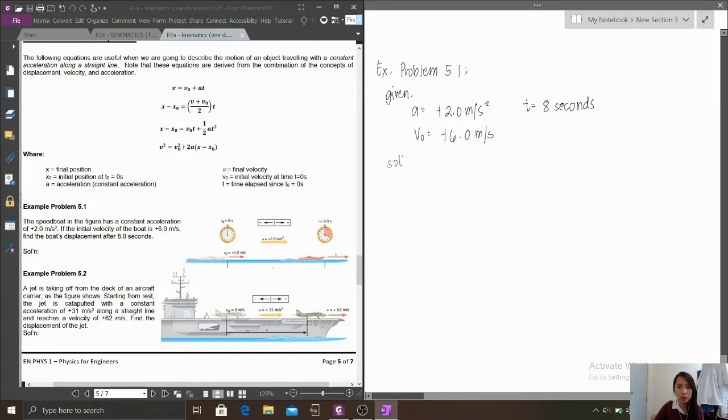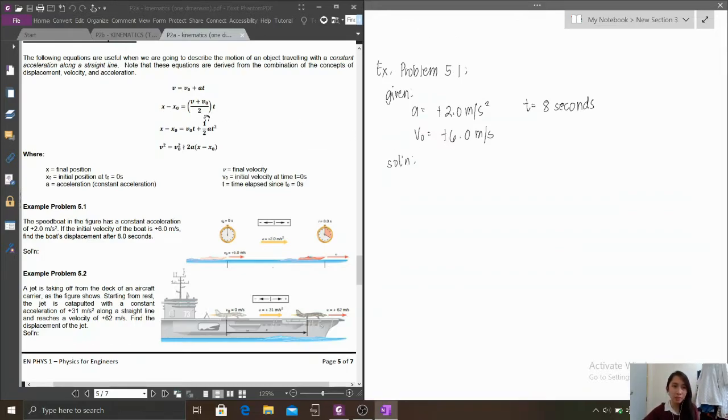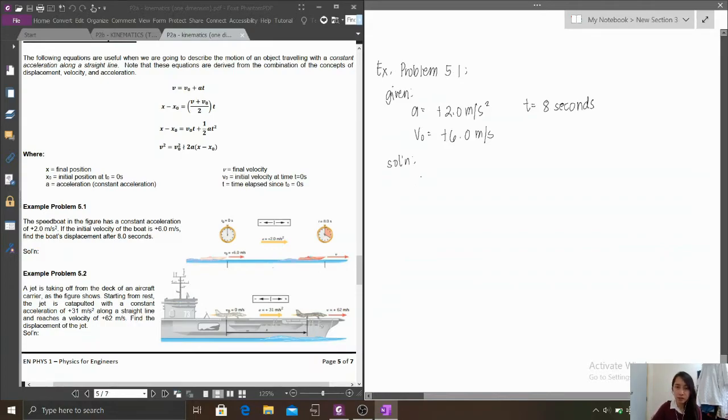For the solution, we are asked to find the displacement and we have the initial velocity, the time t, and the acceleration. So we can use this equation and this is just a direct substitution. So the displacement x minus x sub o, diba displacement to, is equal to the initial velocity times time plus 1/2 a t squared.